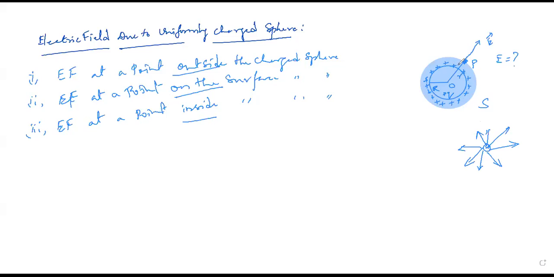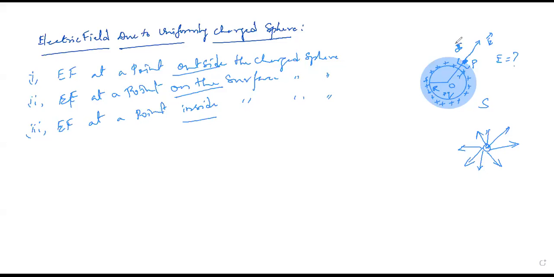Now, the direction of this is outward, that we know. Here I am going to take a small Gaussian surface, that means a small area element on this surface. If the total surface area of the sphere is S, then with respect to this Gaussian surface, the small area element will be dS.